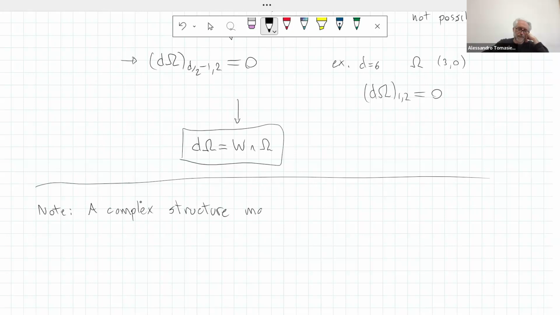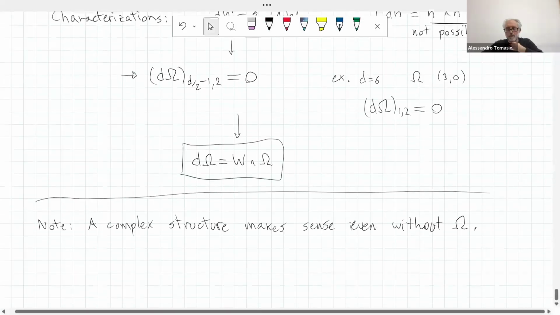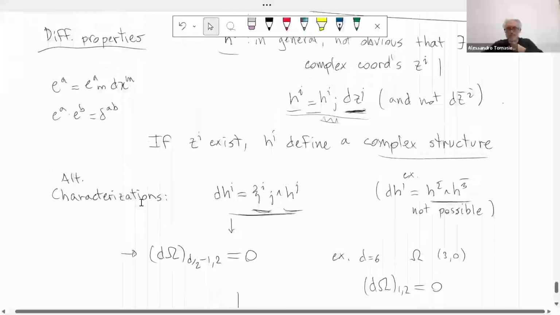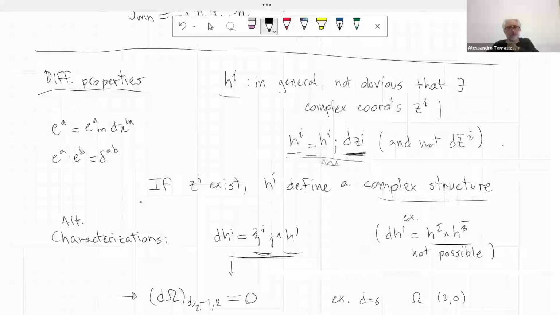A complex structure makes sense even without omega. So what could happen basically is that the holomorphic vielbein are defined.